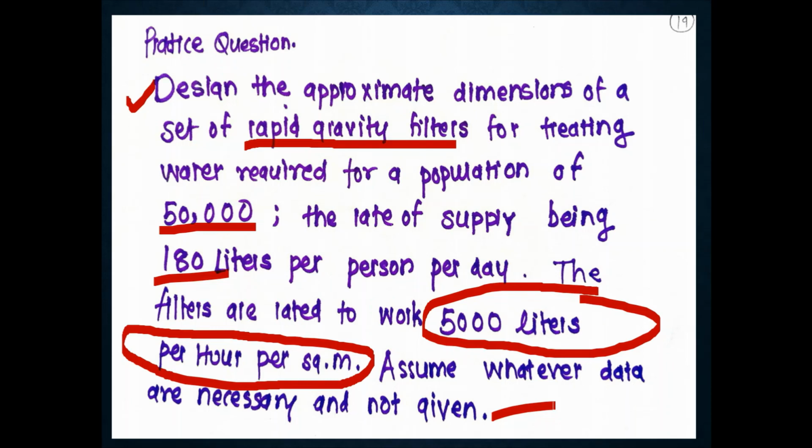We arrive at the average demand from the population and per capita demand, and from that average daily demand calculate the maximum daily demand by assumption. Then the area calculation is similar to the example we just saw, and the last thing is the length and width. Assume the length to width ratio and you will 100% get the final answer.